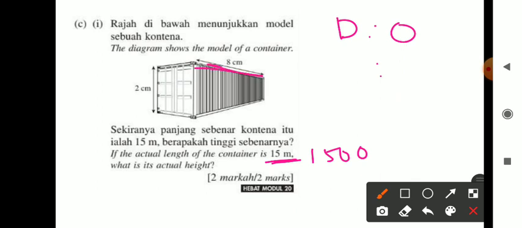We focus on the length first. If the actual length is 15 meter, but on drawing it is only 8. Boleh. 8 to 1500. So what is the height?